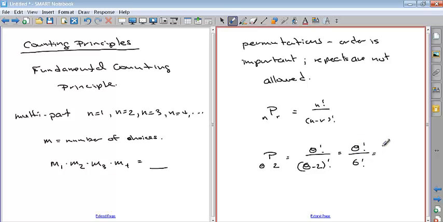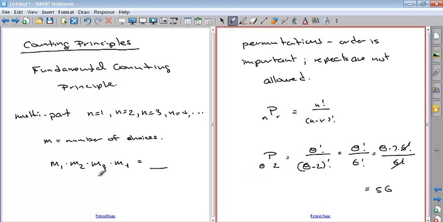And 8 factorial is 8 times 7 times 6 factorial, divided by 6 factorial. The 6 factorials cancel out. You get 8 times 7, which is 56. So there are 56 ways that you can choose 2 officers given 8 people to choose from.